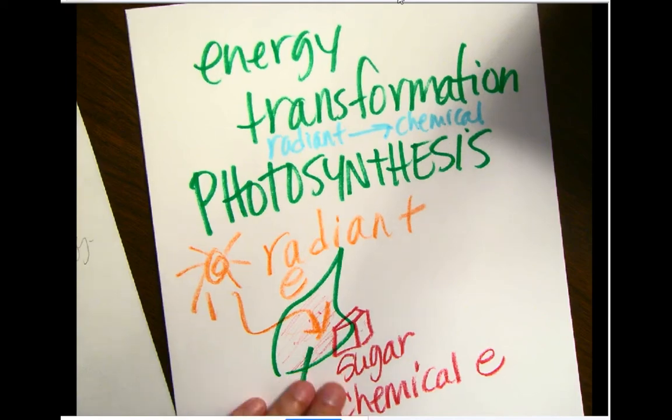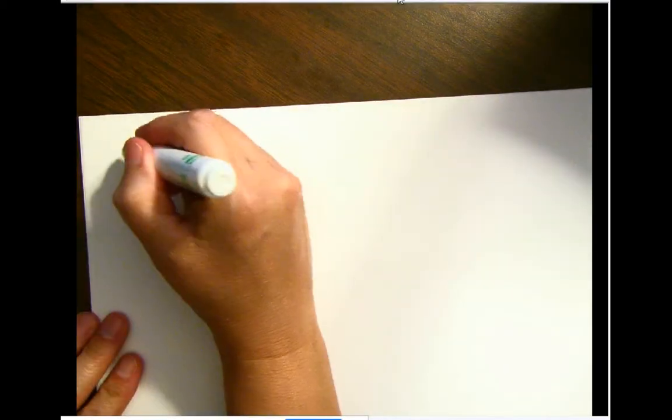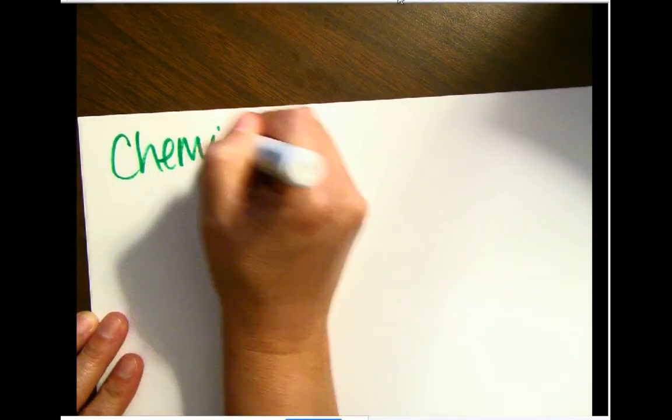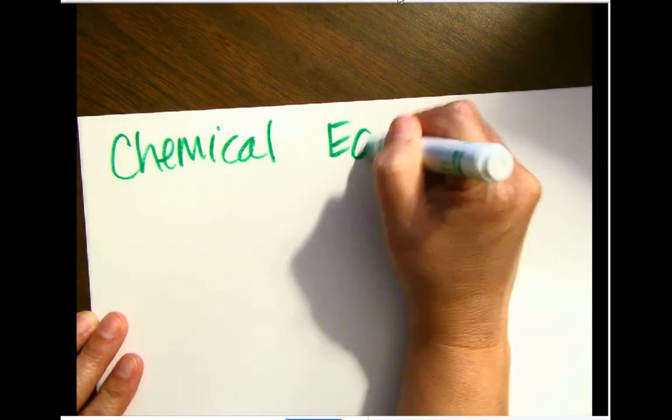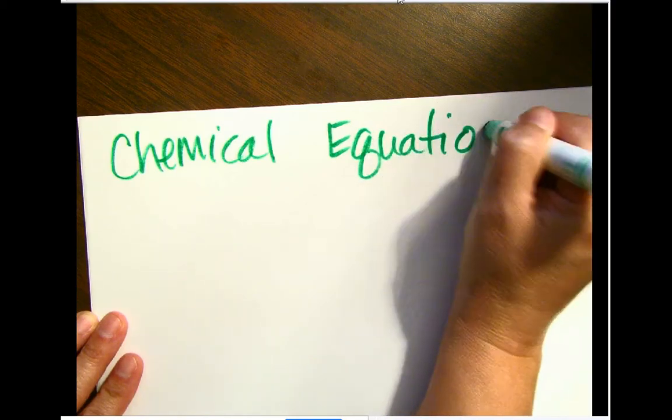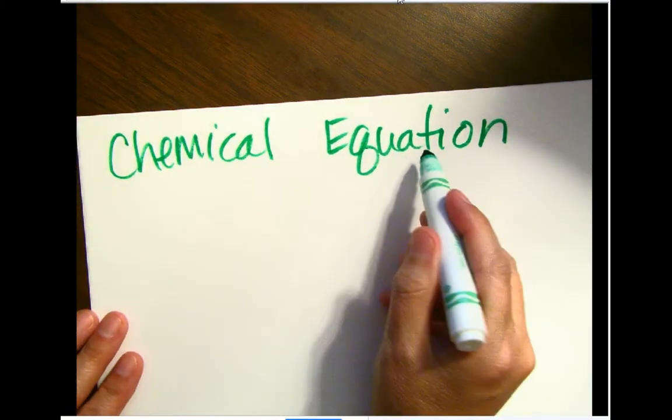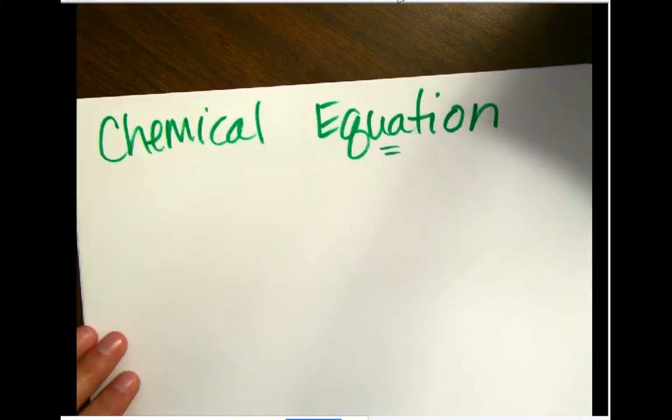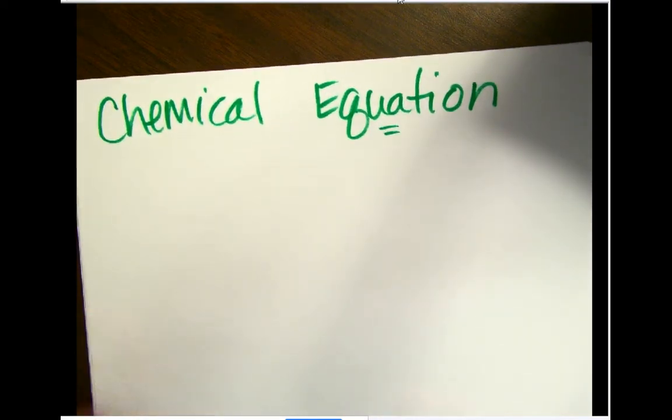Okay, so I want to show you the chemical formula, the chemical equation. The chemical equation for photosynthesis. You will need to know this. Chemical equation. Equation means equal. So this is a chemical change.